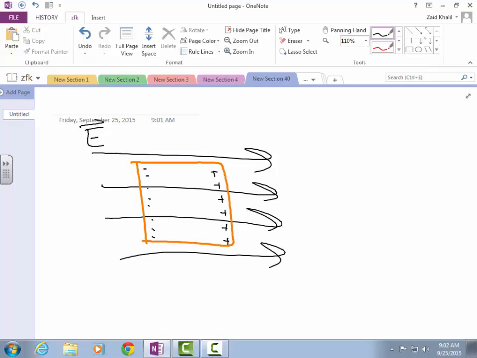It's the result of the fact that the electrons are free to move. Since the electrons are free to move, these guys are going to continue moving until what point? Until they stop, meaning, where are they going to stop? When the net electric field is 0.